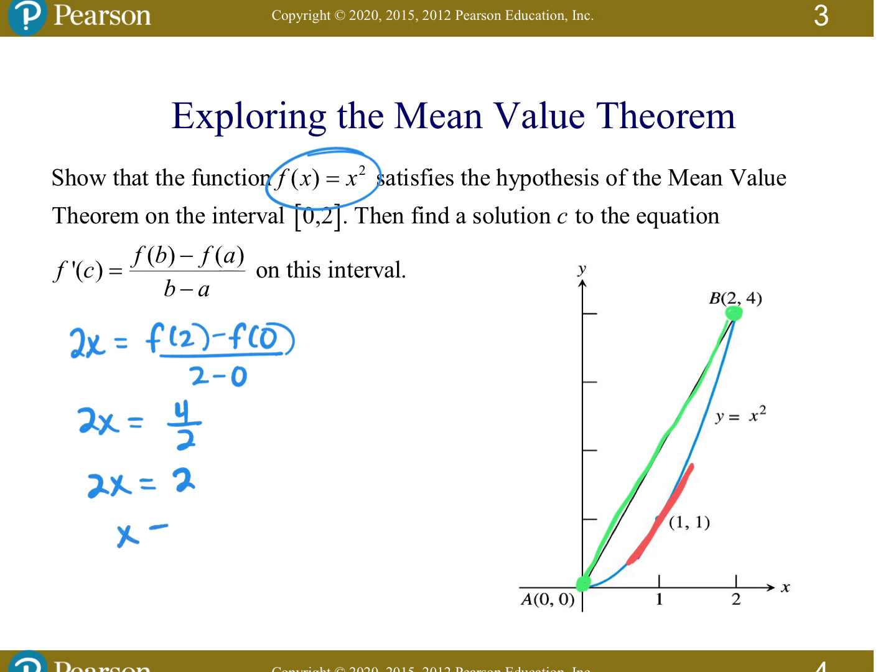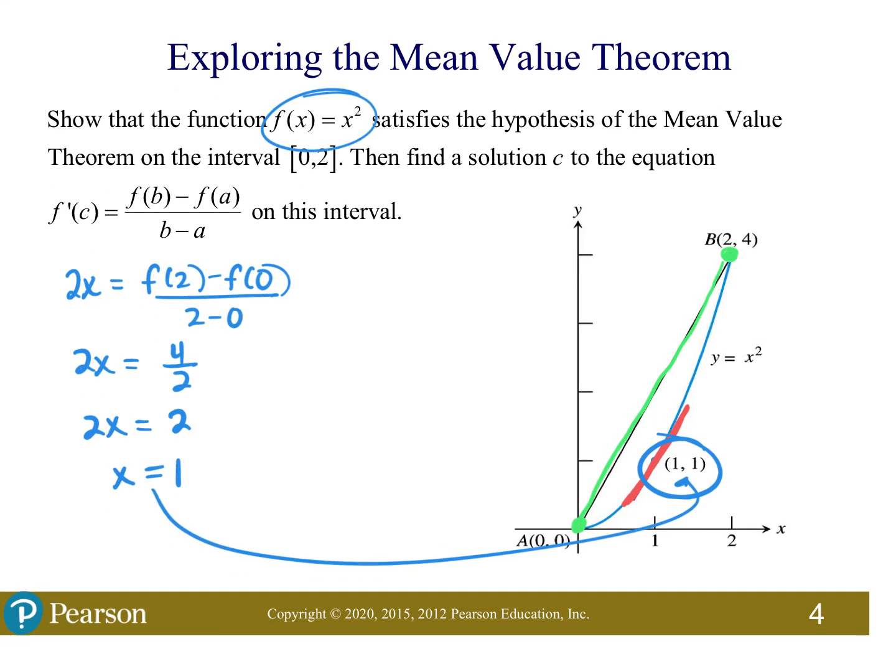So x equals 1. That corresponds to the position of the point where you would have a parallel tangent line. So the mean value theorem guarantees that that will happen at least once on a graph, if not multiple times, if the function is continuous and differentiable.